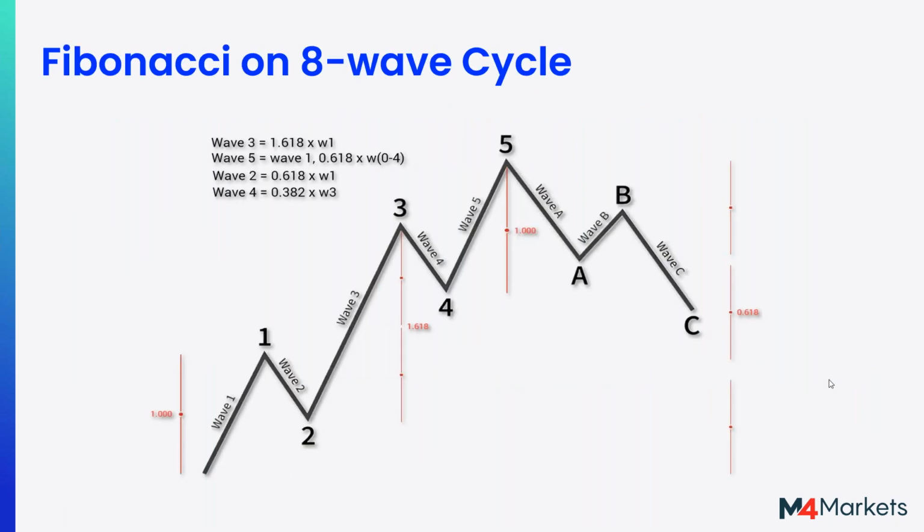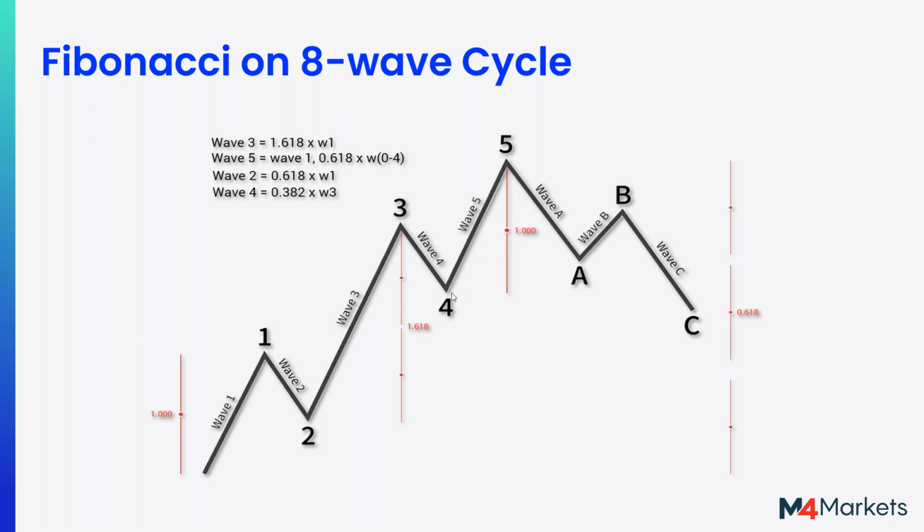Now I want to show you something here that relates to Fibonacci and the simple 8-wave cycle we saw before. Wave 1 is 100% of its own length, right? As you can see, wave 3 is typically 1.618 times wave 1. So if wave 1 is 100 pips, wave 3 is going to be 161.8 pips.